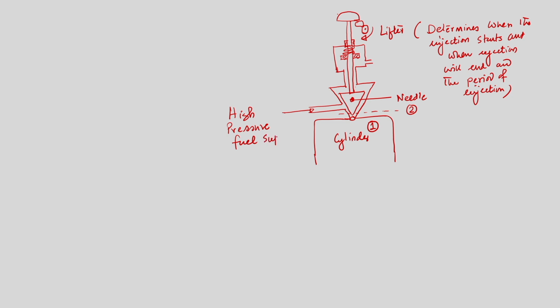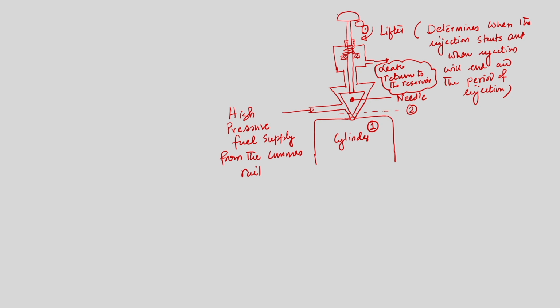So, the high pressure fuel supply line from the common rail, and this is the leak return to the reservoir. So, this is the case. The high pressure supply line is coming, and this is the metering element.